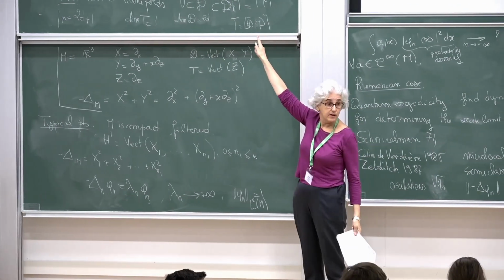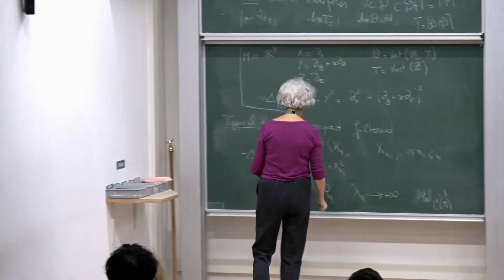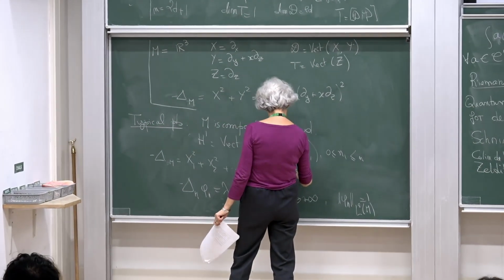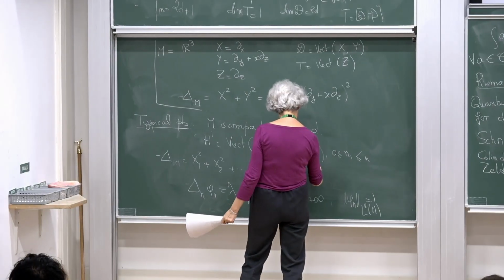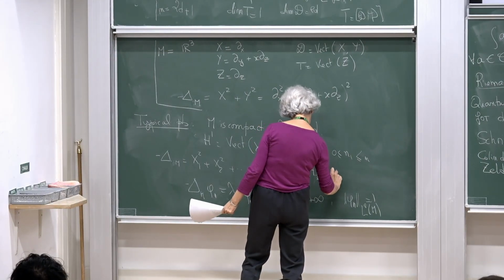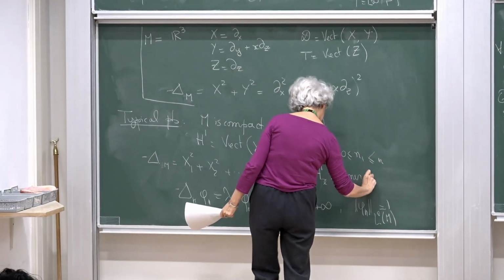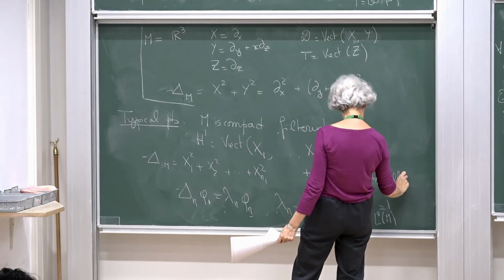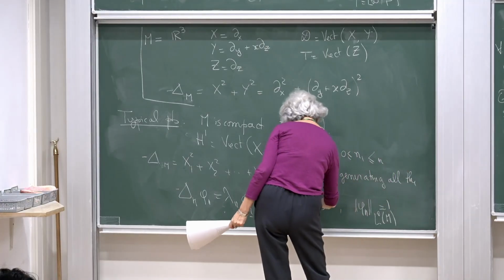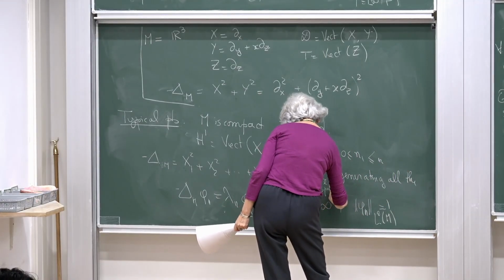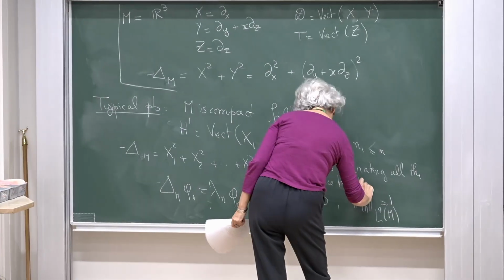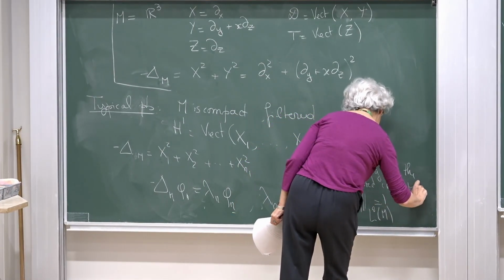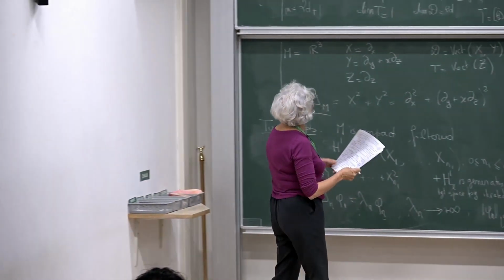Yes, I need more than what is written there. I need that the first stratum, H1, generates all the tangent space by Lie brackets, by iterated commutators. This is a sort of stratified case, and this one is just graded.